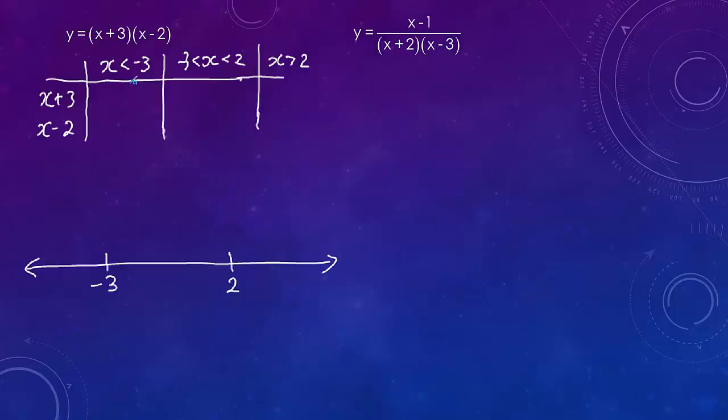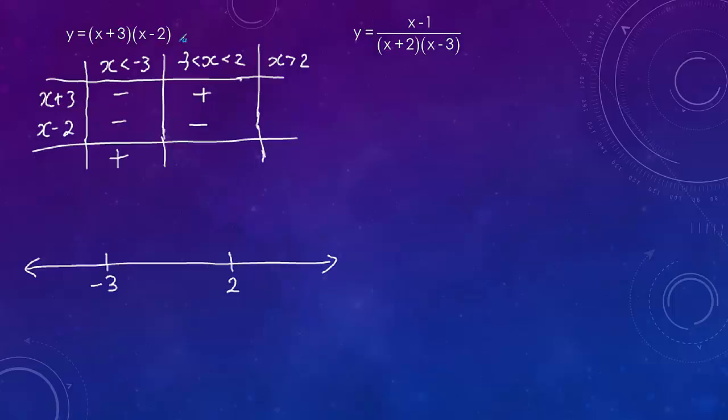So if x is less than negative 3, say negative 4, this is negative and this is negative. So they're both negative. And that means negative times negative, overall the function is positive. If we're in between here, say 0, this one is positive. 0 take away 2, that one's negative.